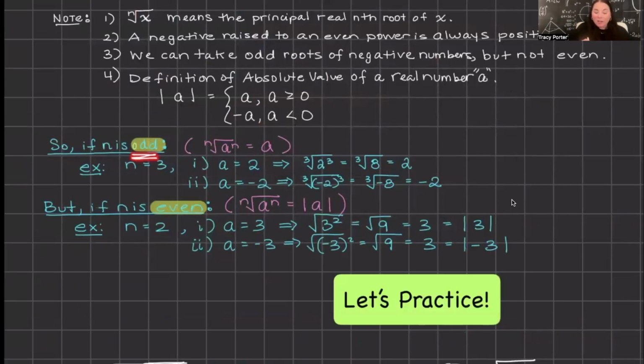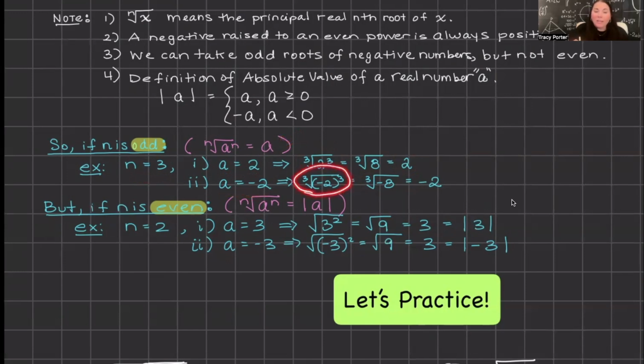If n is odd, for example, let n be equal to 3. So let's let the base be 2, which would mean you're taking the cube root of 2 to the third power. Well, 2 to the third power is just 8, and the cube root of 8 is just 2. So this first little part of the theorem is satisfied for this particular example. And the same thing would be true if you let a be negative 2, still keep n be 3.